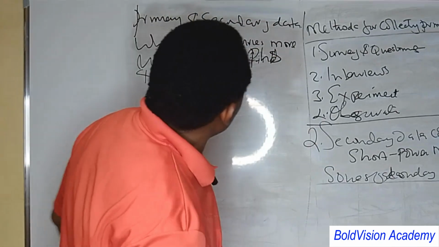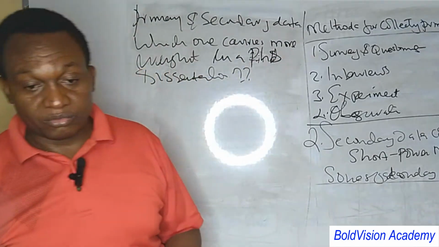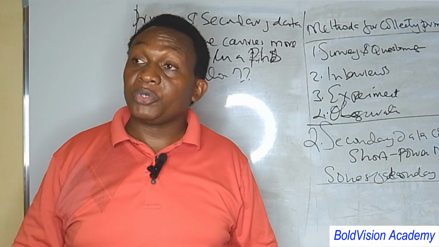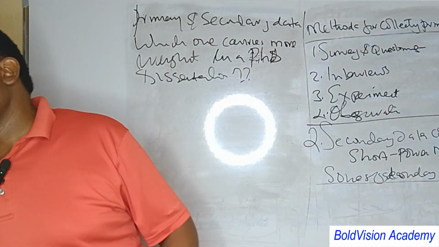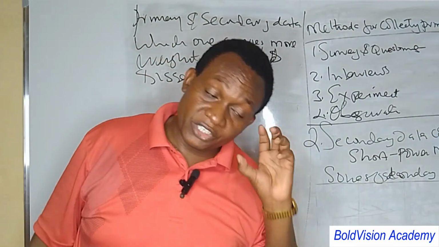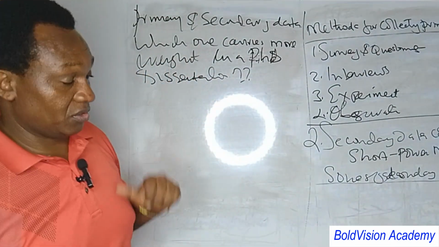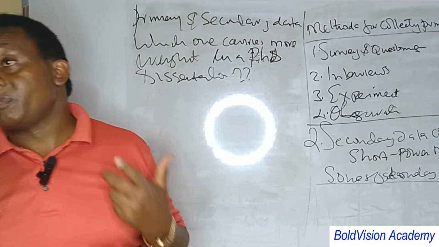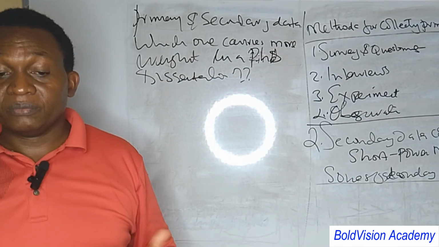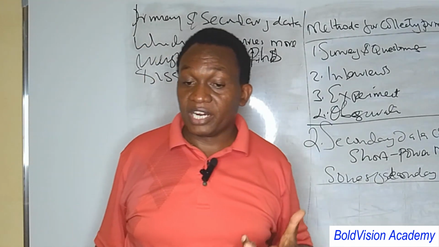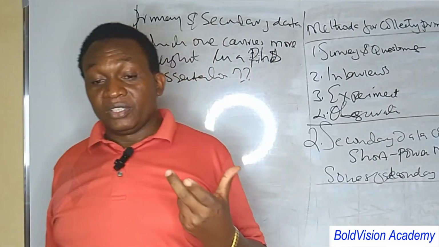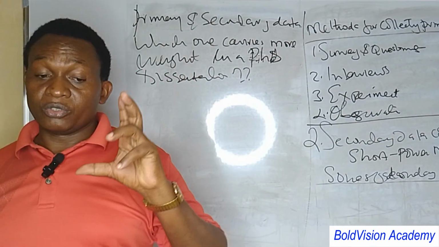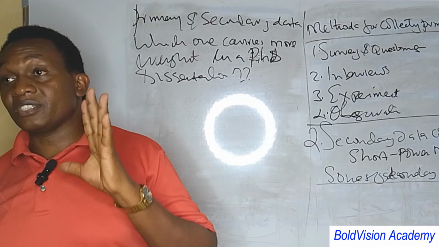This is in response to a comment from my viewer. So between primary and secondary data, which one carries more weight, especially for a PhD dissertation? Let's address this big question, because this is a big question that I've been asked and I want to address it here now. So should PhD students use primary data or secondary data? That is the question.